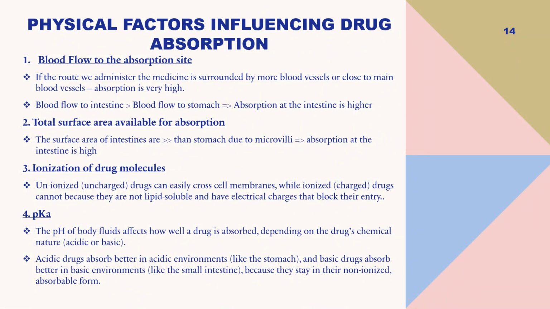Depending on the blood vessels around the site of administration and the total surface area, the amount of medication that's going to be absorbed directly into the system differs. We are going to talk about that in our next part, and a lot more in the next part as well.